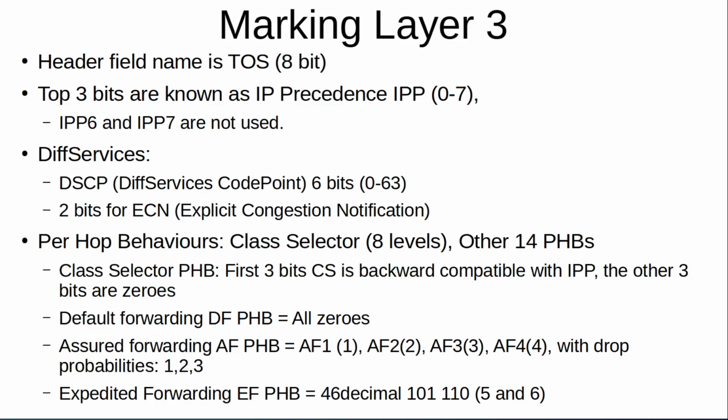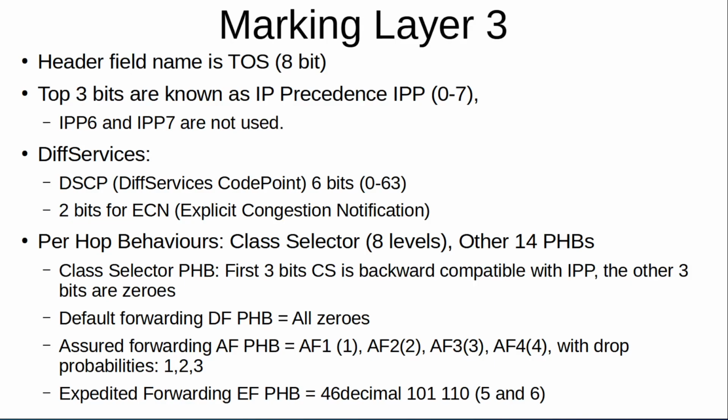The IP precedence method only uses 3 bits of the 8 bits available. However, it was not customary to use the values of 6 and 7.